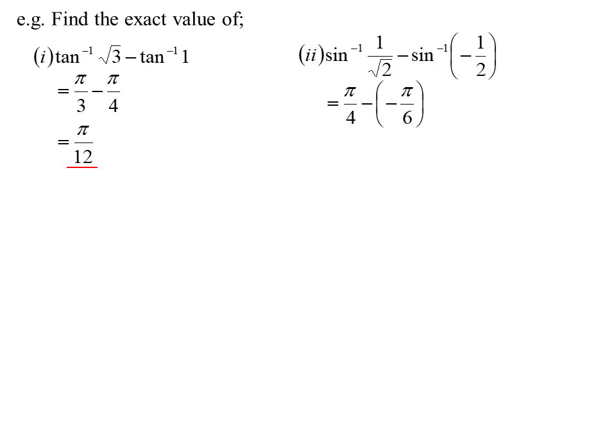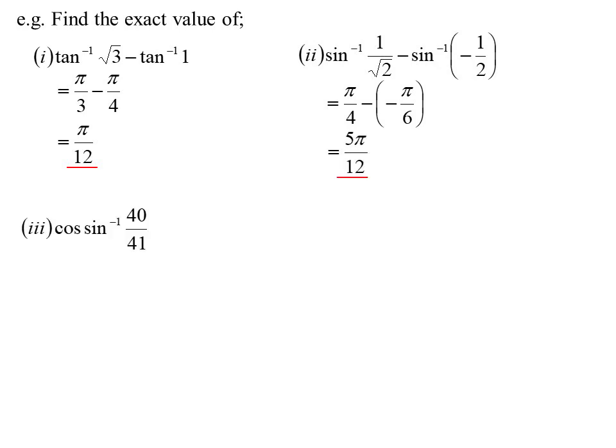So we're either going to get an acute angle or a negative acute angle. That's where the graph existed. So we don't have to worry about, oh, which quadrant is it in? If it's negative, then I must get a negative acute angle for inverse sine. If it's positive, I get a positive one. A half, we know the angle is pi on 6. So for this one, it must be minus pi on 6. So pi on 4 minus pi on 6, and we get 5 pi on 12.